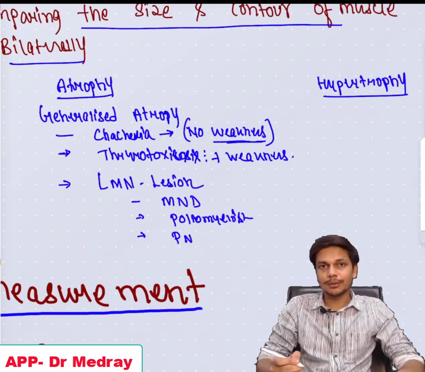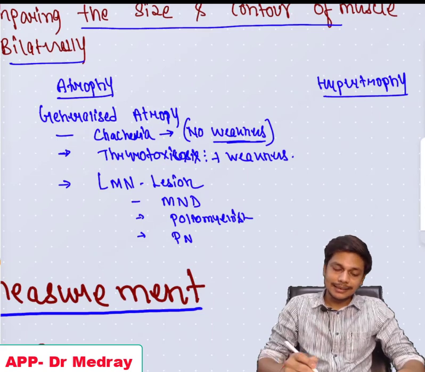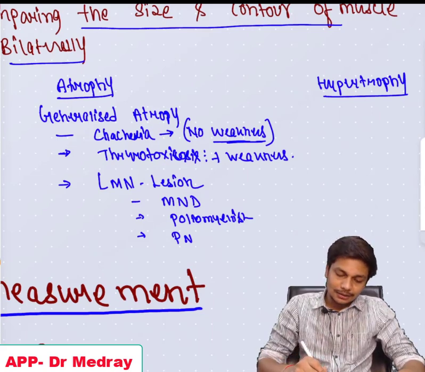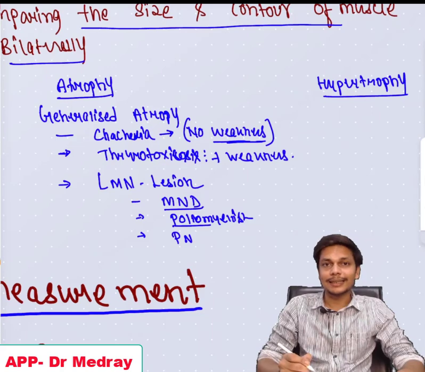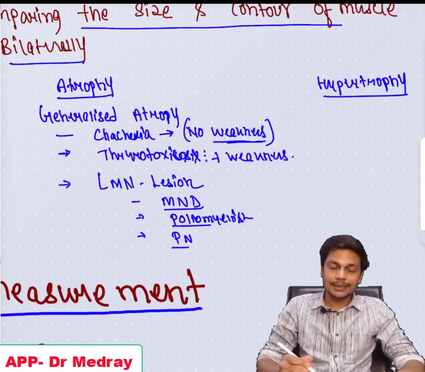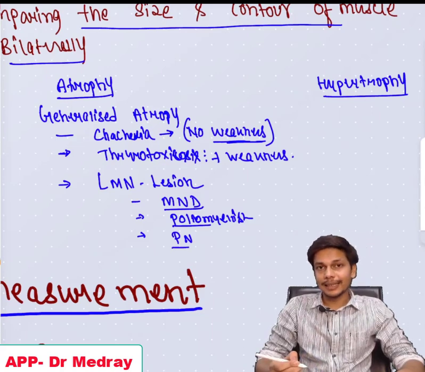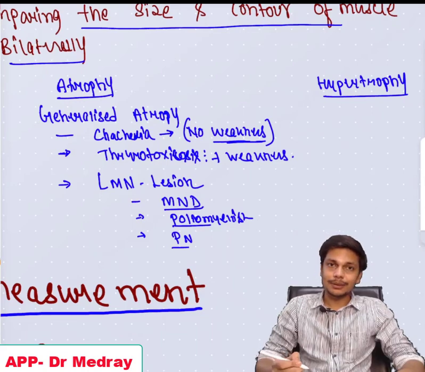The peripheral nerves are the lower motor neuron. Anything starting from the anterior horn cell and supplying the neuromuscular junction is the lower motor neuron. So the disease of the anterior horn cell, like motor neuron disease, poliomyelitis, and disease of the peripheral nerve like peripheral neuropathy can cause atrophy of the muscle.